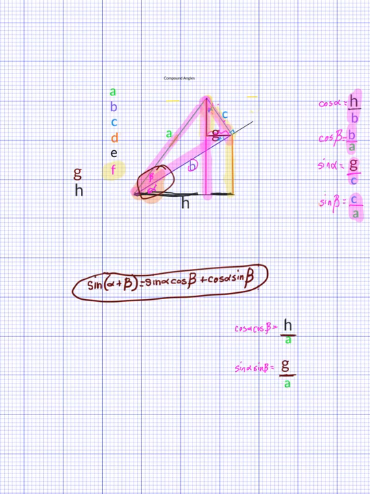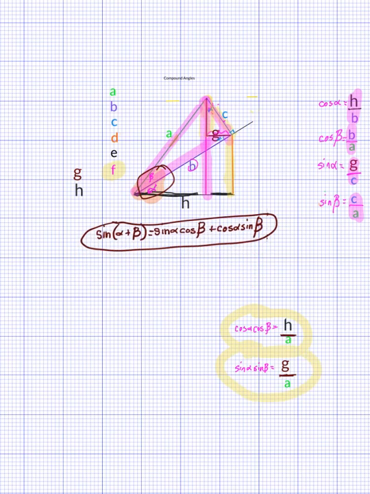They're both over A, so we're going to combine these two. I'm actually going to subtract them.